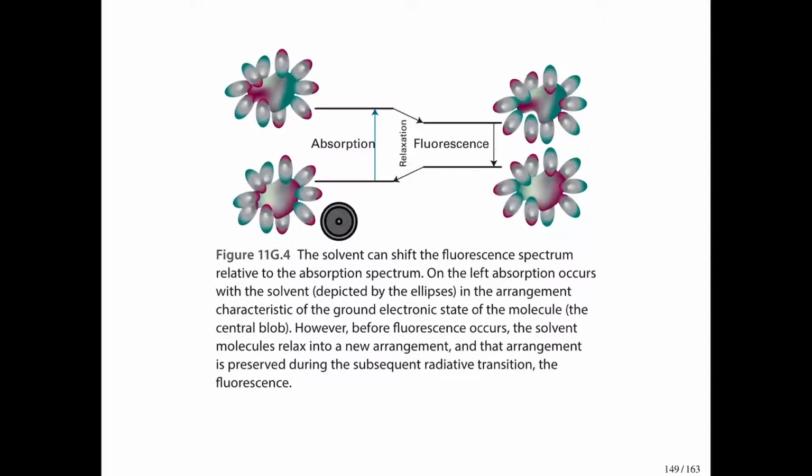So in absorption, you're probing a chromophore that has the ground electronic state's solvent configuration. But in fluorescence, when you fluoresce from this state, here the solvent has accommodated the excited electronic state. So the solvent environment can be different for the excited state than it is for the ground state. And when that's the case, you're going to get a difference between the 0-0 transitions.